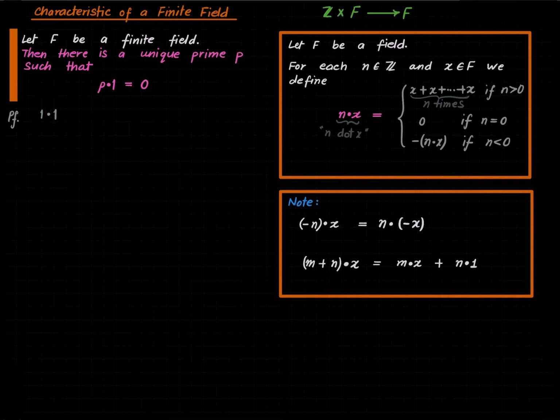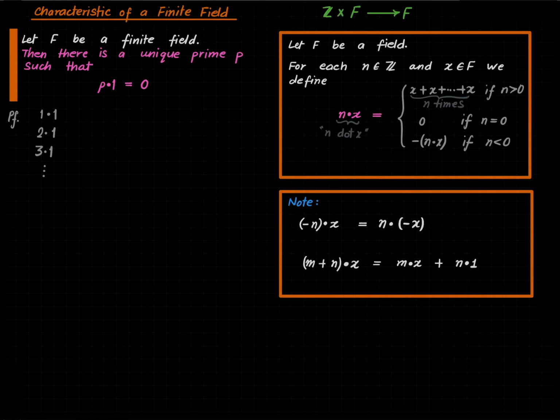Okay, so consider 1 dot 1, 2 dot 1, 3 dot 1, and so on. Right? So these are infinitely many symbols, an infinite list of elements from F, right? But F is finite. So in this list, there has to be repetition, right?